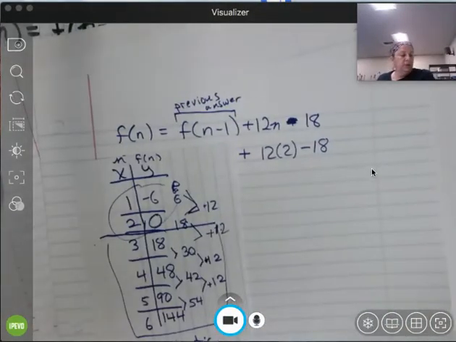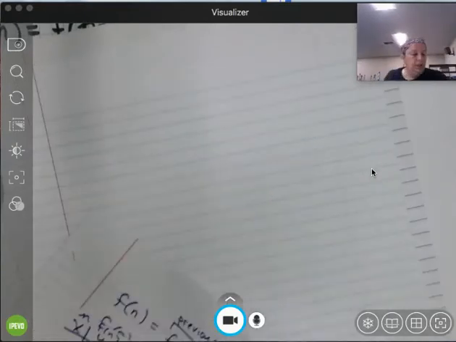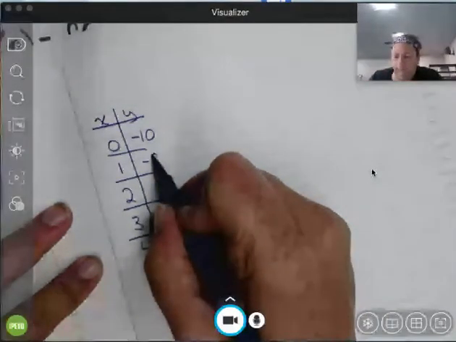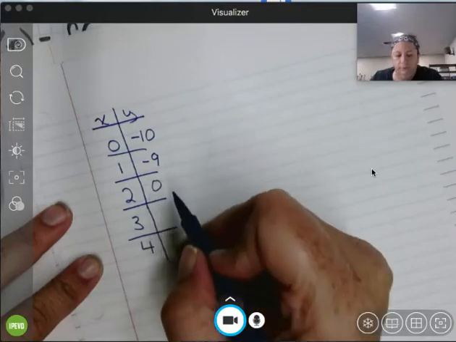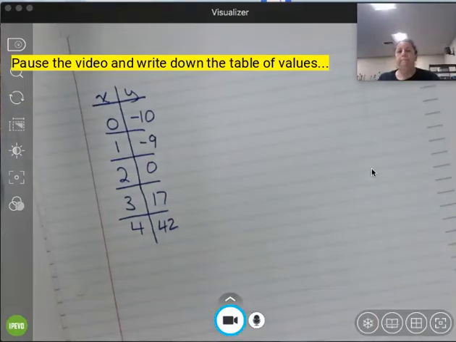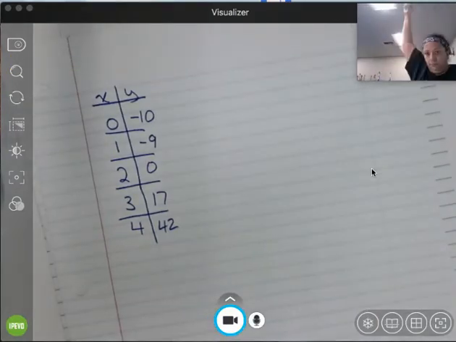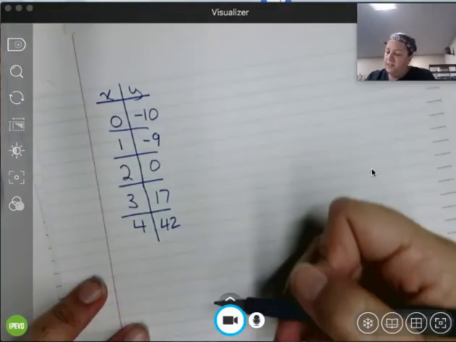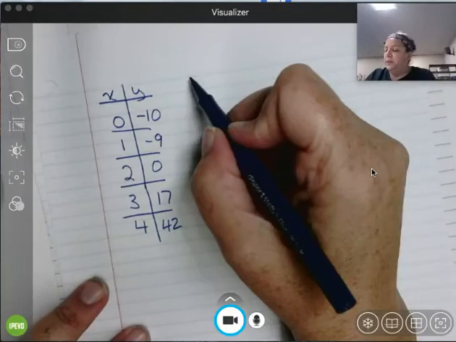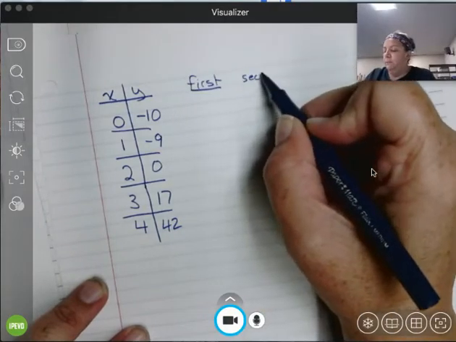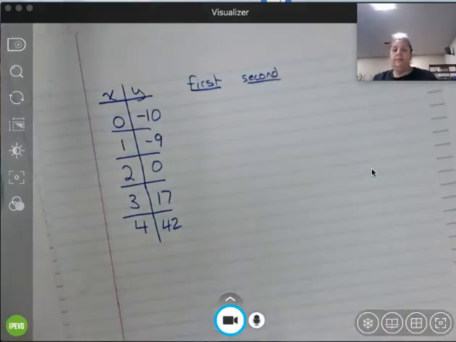So for our next one, we are going to just go straight from a set of numbers. Okay, for our second example, I already have the table of values, so I'd like you to copy that down and get your first difference and your second difference, and then we'll come back together.